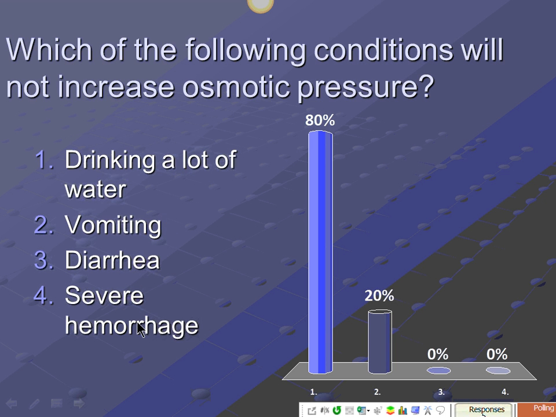Look at all these three: vomiting, you're losing fluid. Diarrhea, you're losing fluid. Similarly severe hemorrhage, you're losing fluid. If you lose fluid, what happens? The solutes get concentrated. Osmotic pressure increases. Remember, osmotic pressure is dependent on solute content. When you drink a lot of water, you're diluting it, so osmotic pressure decreases.